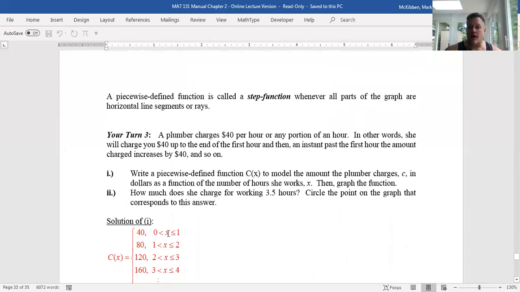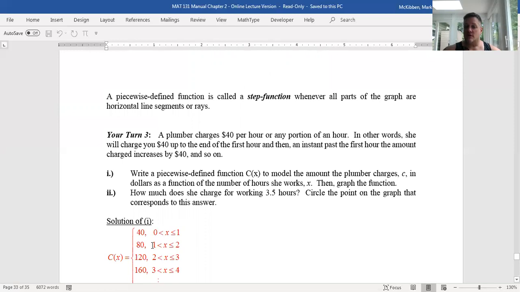So for the first hour, we're not including 0, because if she's not there at all, she can't charge you $40, right? So it's like she never even came to the door. But the minute she's at the door and she sets foot in, then for any amount of time from then up until the first hour is done, the charge for that amount of time is $40.